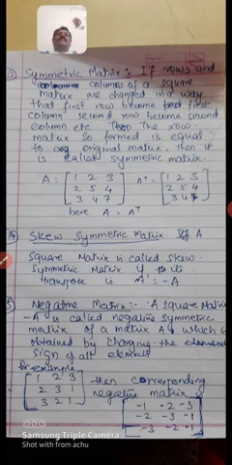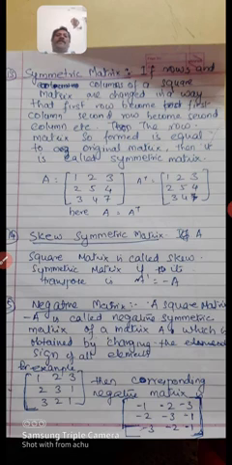If the rows and columns of a square matrix are interchanged so that the first row becomes the first column and the second row becomes the second column and so on, and the matrix so formed is equal to the original matrix, then it is called a symmetric matrix. Here A is equal to A transpose. Skew symmetric matrix. A square matrix is called a skew symmetric matrix if its transpose A to the power t is equal to minus A.